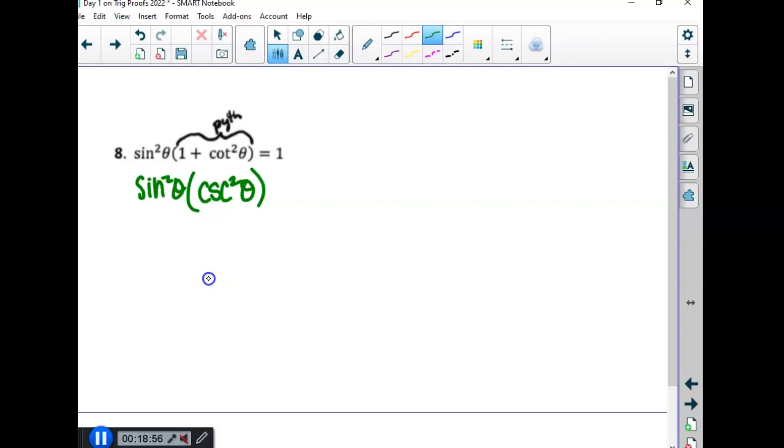So then what is that? What's a cosecant? It is a 1 over sine, so does that become 1?